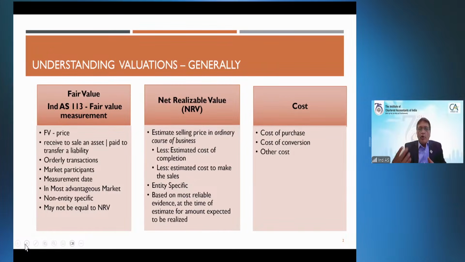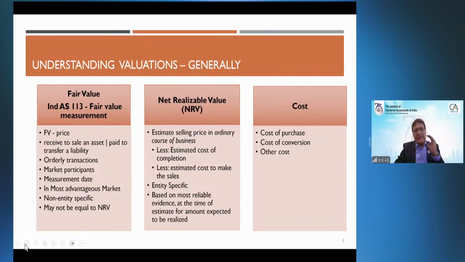Now, these positions are basically the most reliable estimate at the time when we make this particular computation. The cost of inventory consists of three things: cost of purchase, cost of conversion, and of course, the other costs that would be added to the inventory.